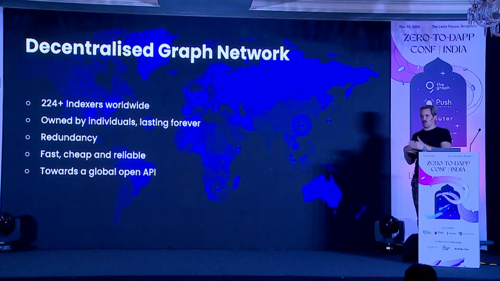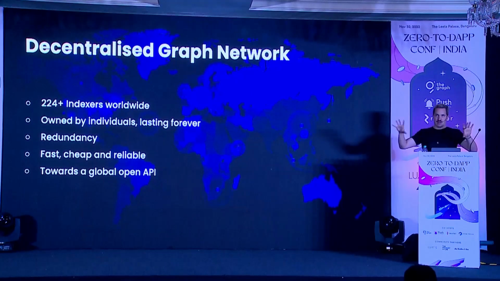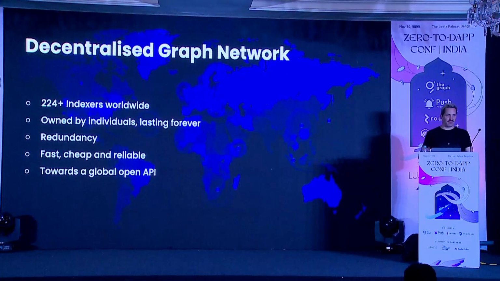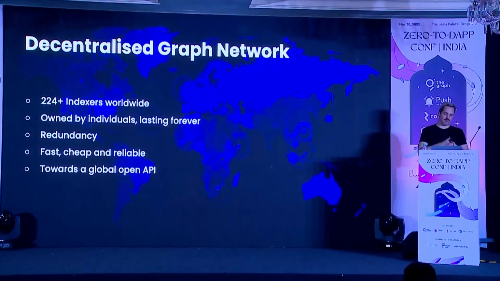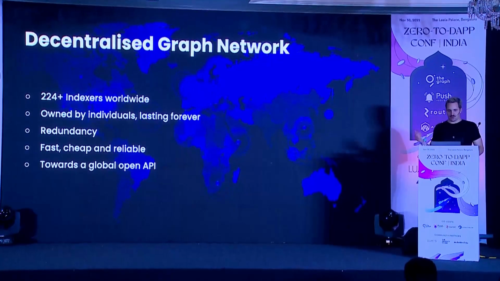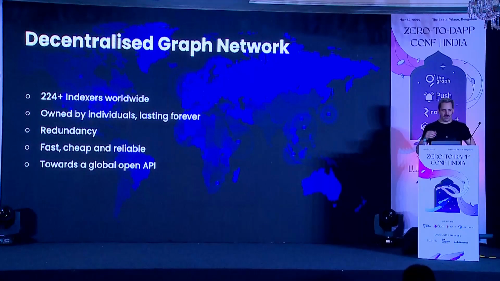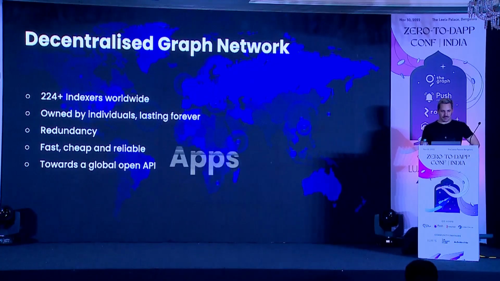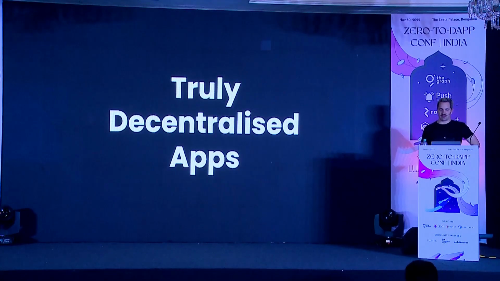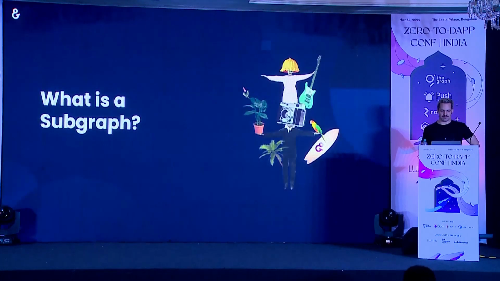That means that they do not belong to any foundation or entity altogether. That makes it very resilient, and they are distributed across the world. So wherever you query, you get a response from the most nearby. But when one goes down, another one jumps in. So this actually makes us moving towards this global open API, and that enables us to write truly decentralized apps.